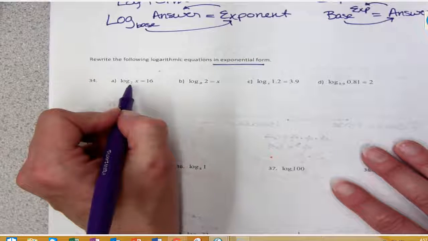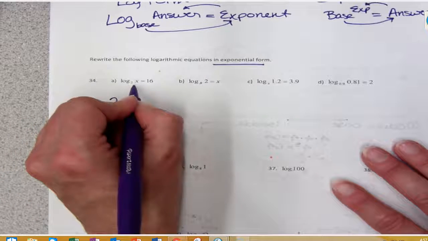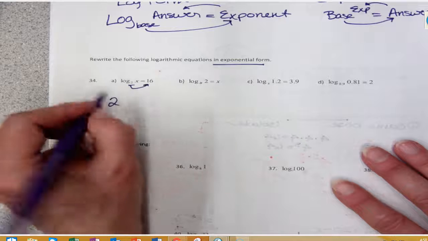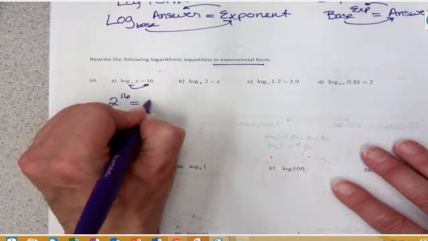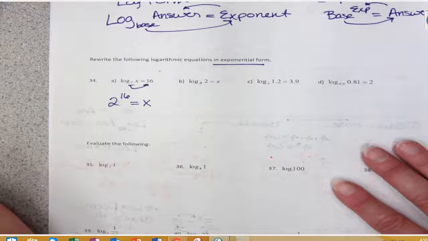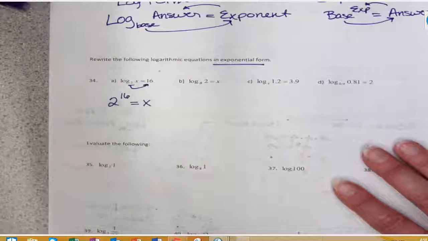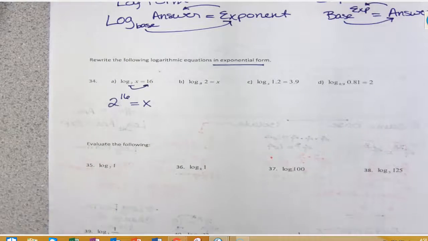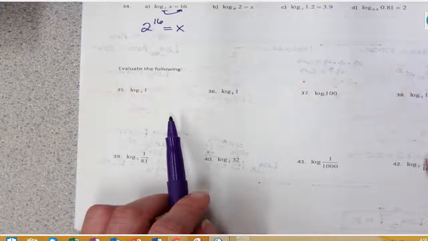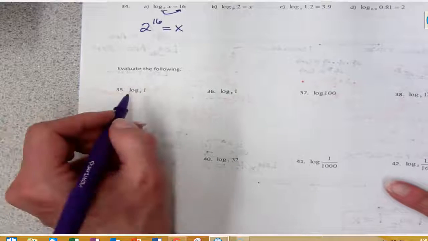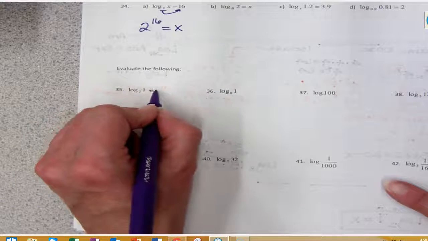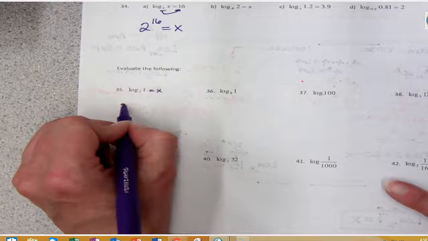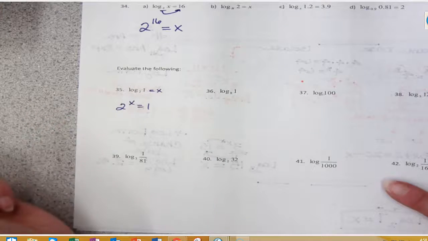All right, let's see. So here you've got your base of 2 to the 16th power is going to equal x. So all it's asking you to do is just rewrite it in log form. That's it. If you want to solve it, you can, but all it's asking you is to rewrite it. These are asking you to evaluate, so you have to write it equals x. 2 to the x equals 1.